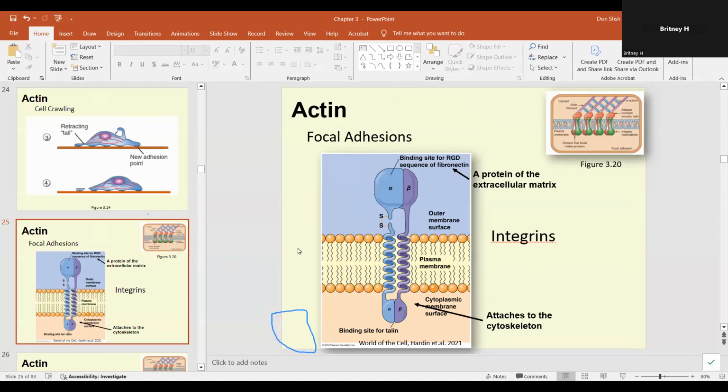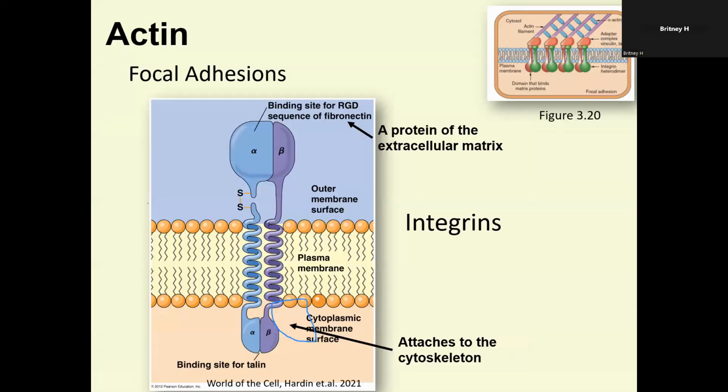So I'm going to talk a little about integrins here because they're really important for that cell crawling mechanism, but they come into play a lot later in the class as well. So it's best to just talk about them a bit here. So your integrins then are heterodimers of an alpha and beta subunit.